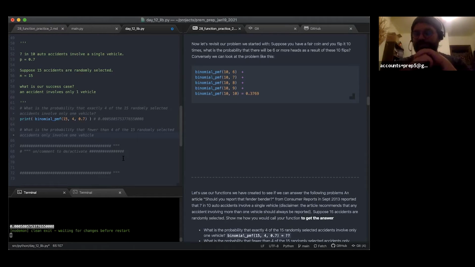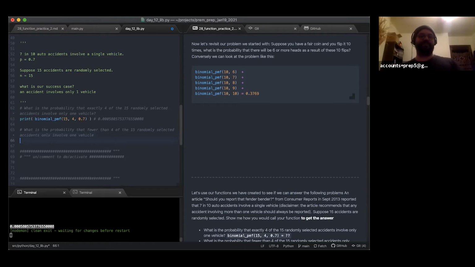K equals 3. Yep. What function should we use? CDF? Yep. Cool, so I'll just appropriate this one. CDF 15, 3, and 0.7.